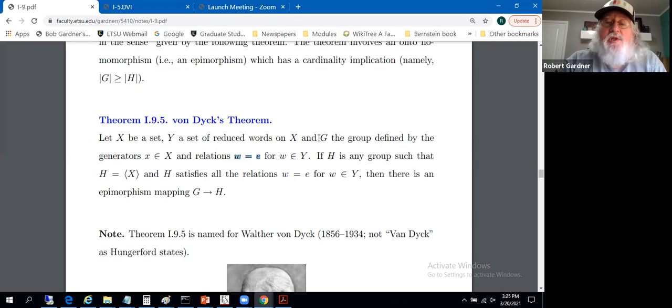So we start with G, the group given by the presentation. H is any other group satisfying the same conditions as given in the presentation. Then there's an epimorphism mapping G to H. That is, G is bigger than group H in a sense.